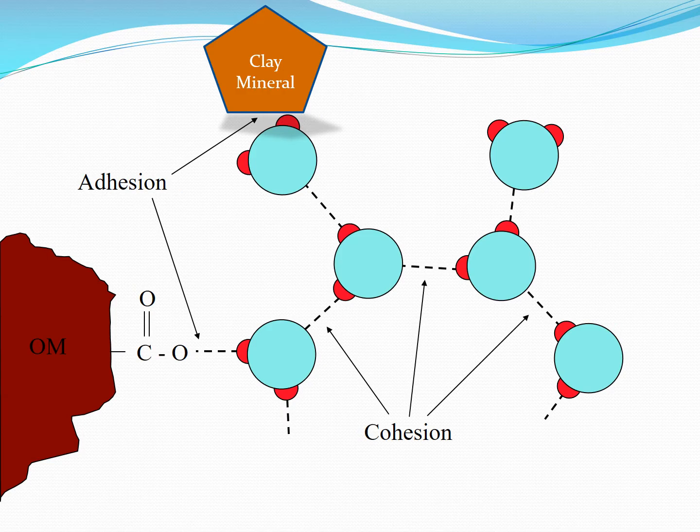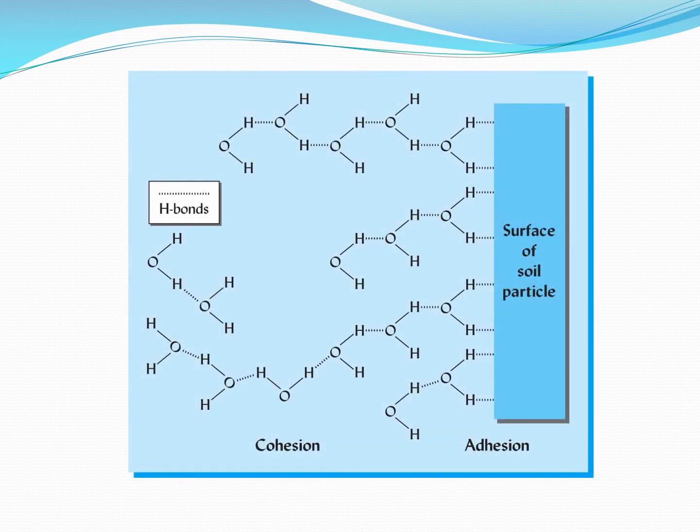So again, adhesion is water attached to something else like a clay mineral or organic matter, whereas cohesion is where water is attached to another water molecule. Here's a figure from your book showing cohesion where water is attached to water, and adhesion where water is attached to the surface of a soil particle.